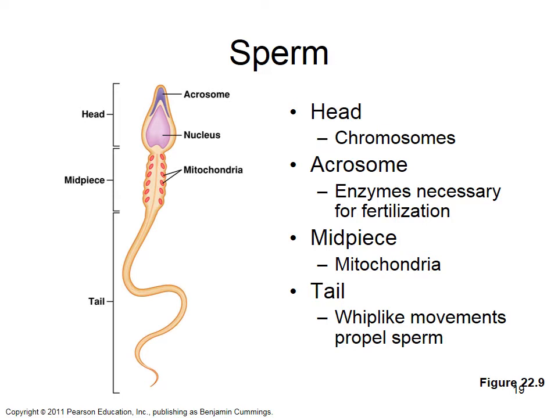Because the flagella does those whip-like motions which are energetically expensive. So loads of mitochondria in order to gain motility for that sperm. And then remember, some of those accessory glands put nutrients into the semen so that the sperm have nutrients for movement.